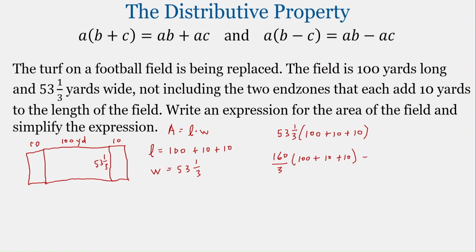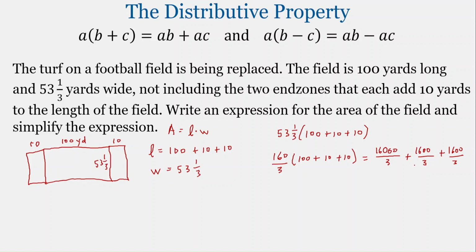Multiply each of these out. 160 times 100. We had 160. Now we're multiplying by 100, so that adds 2 zeros, all over 3. Now we're multiplying by 10, so 160 becomes 1600. And then another 1600 all over 3.